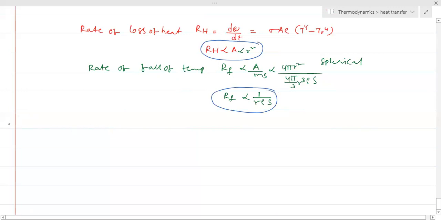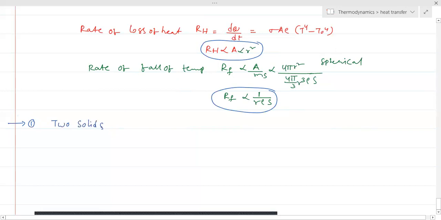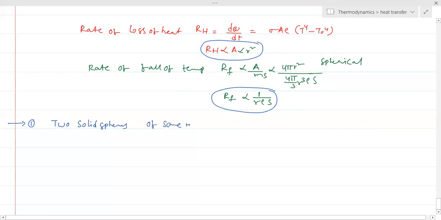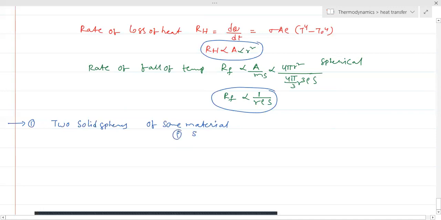For example, we have one application. We have two solid spheres of the same material. Whenever they are made up of the same material, the density is constant and the specific heat is constant.